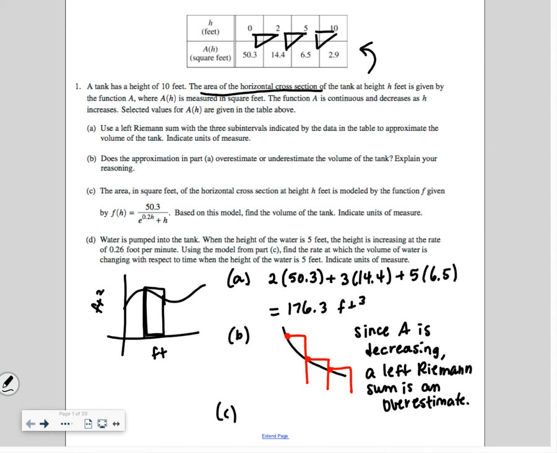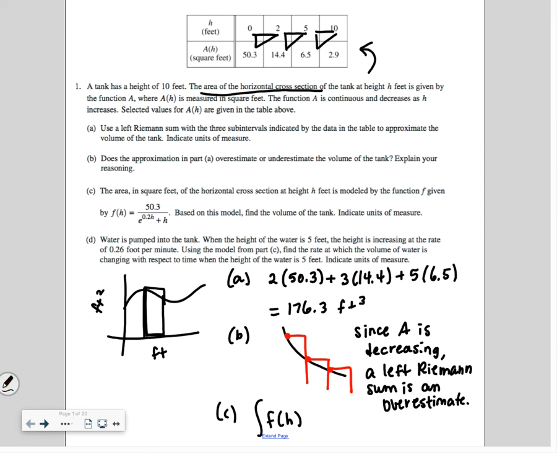If we're finding a volume of the tank, again, we're finding something like an area. We have something that is in square feet, and we need to multiply by feet in order to get this volume. So we want to integrate our f of h, which is in square feet, so if I integrate it, it's going to be in cubic feet.